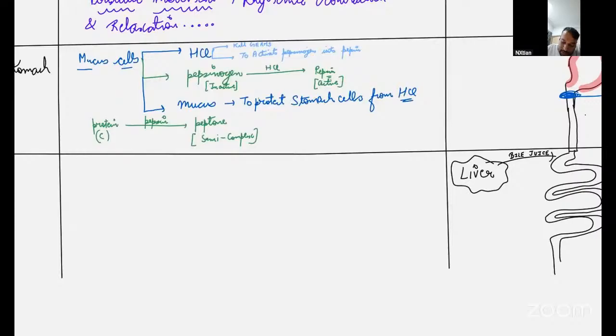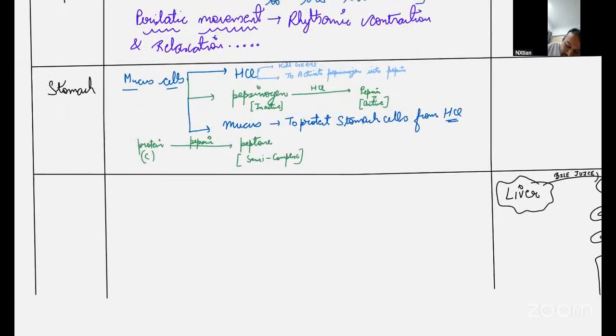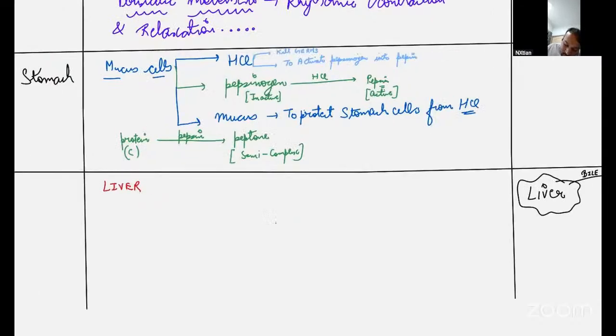So the organ is the liver. This is the liver. It releases what? Bile juice. And this bile juice has two works.